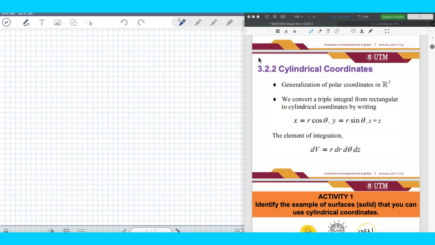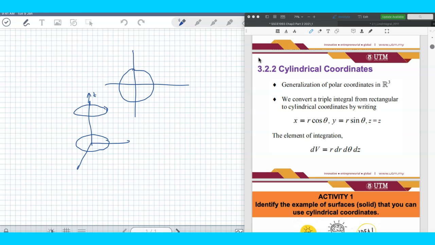If you have the polar, which is basically a circle on 2D, when you do a projection along the z, where z is z, you can see it is a cylinder. That's why we call it a cylindrical coordinate, where you deal with r and theta on the xy plane.